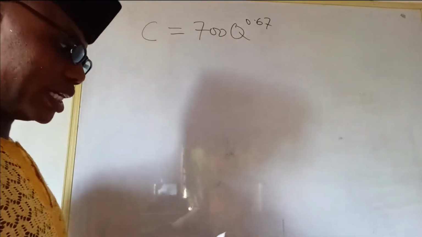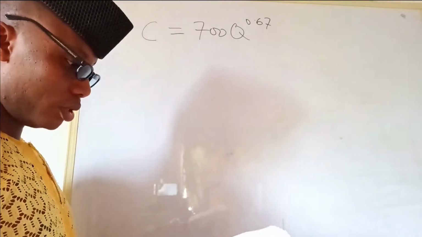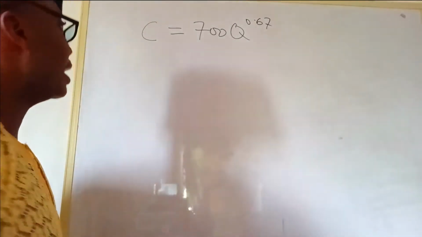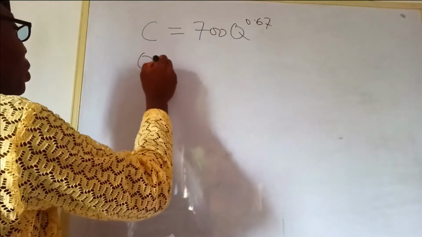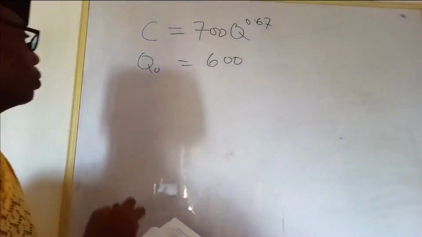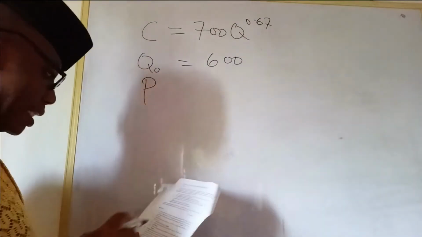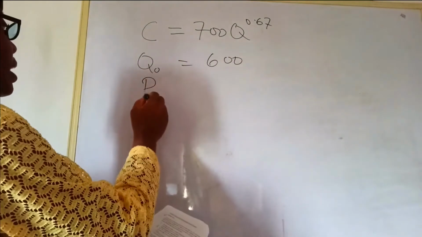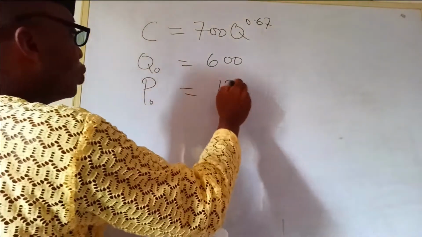And we were given an initial output Q naught of 600 units. We were also given an initial price of 120.